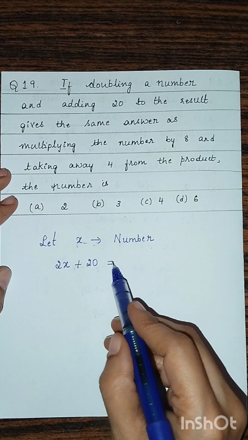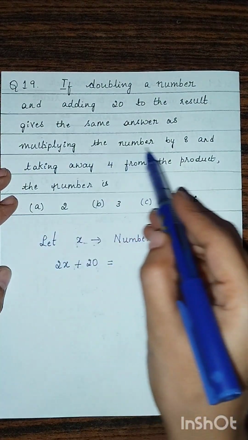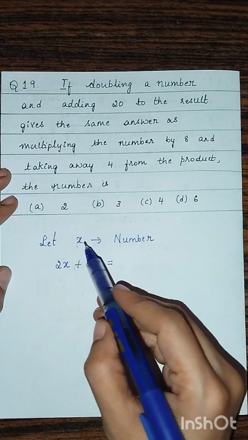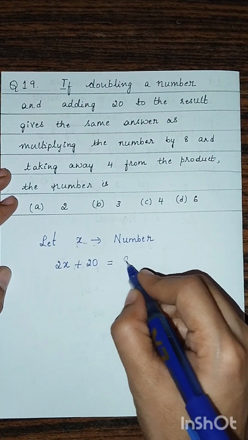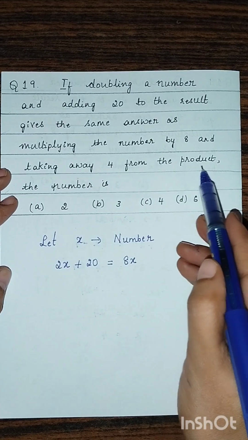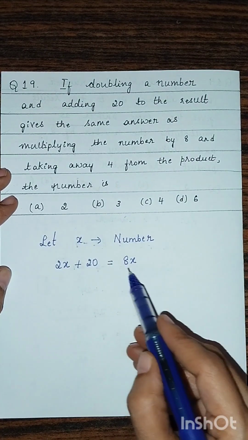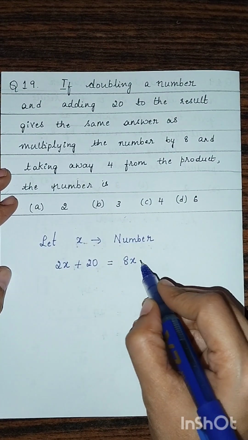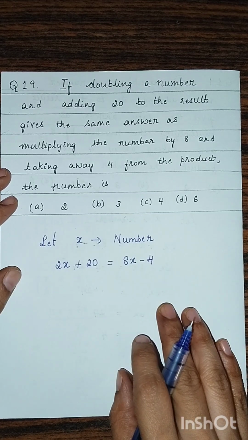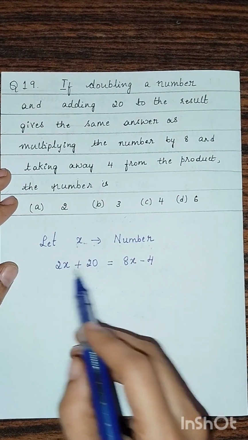Same answer as multiplying the number by 8. So you will multiply 8 into x, 8x, and taking away 4 from the product. So this is the product. So you will take away 4 from the product. So 8x minus 4.